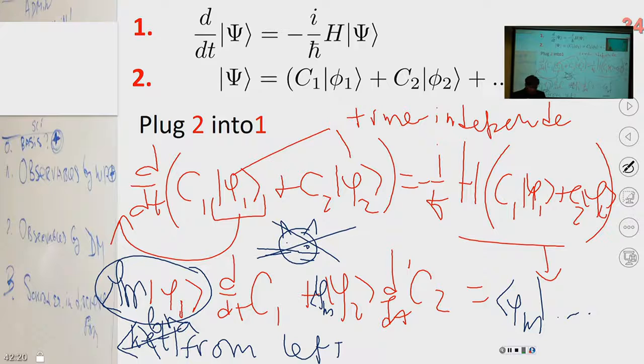So instead of continuous functions, they will become numbers, 1 or 0. And through this trick, we will remove any memory of continuous functions, functions of position, from here. We will have only dependence on time.